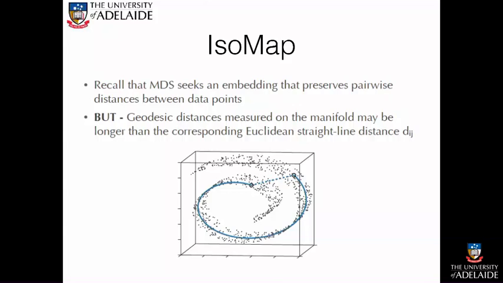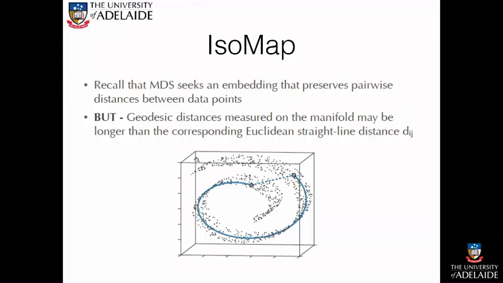When we calculate the Euclidean distance between data points, we actually make an assumption that this manifold is linear, right? If the manifold is nonlinear, then we should not use Euclidean distance to calculate the pairwise distance between points. Here, just to give you an example.